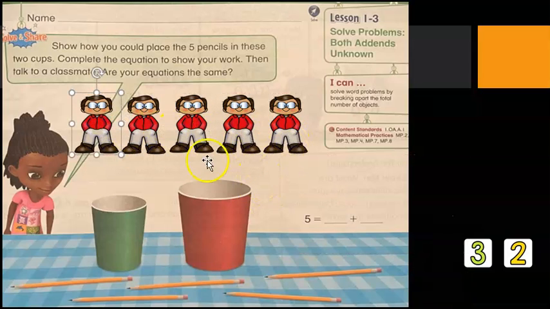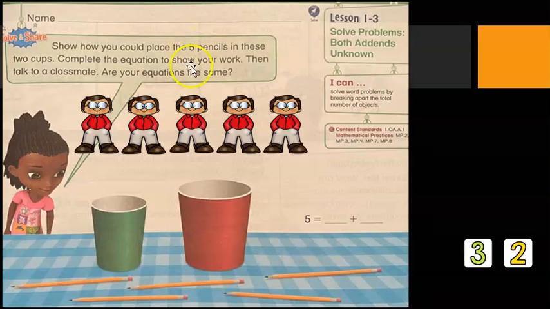Okay, pretend these are the pencils that he uses, okay? So, let's count how many boys there are. Count with Mr. Begay. 1, 2, 3, 4, 5. There's 5 boys here because look, they represent 5 pencils, okay?